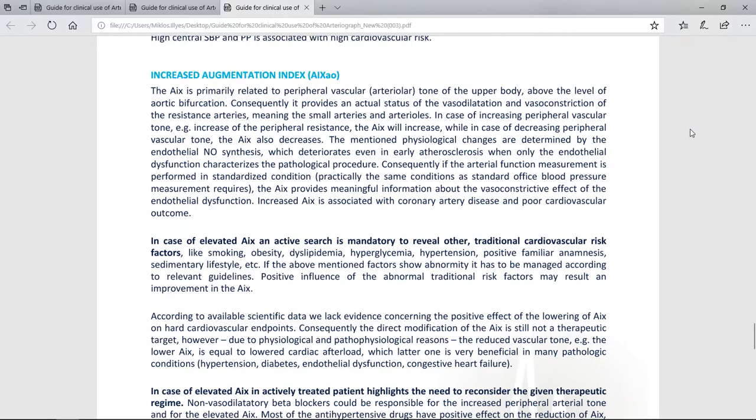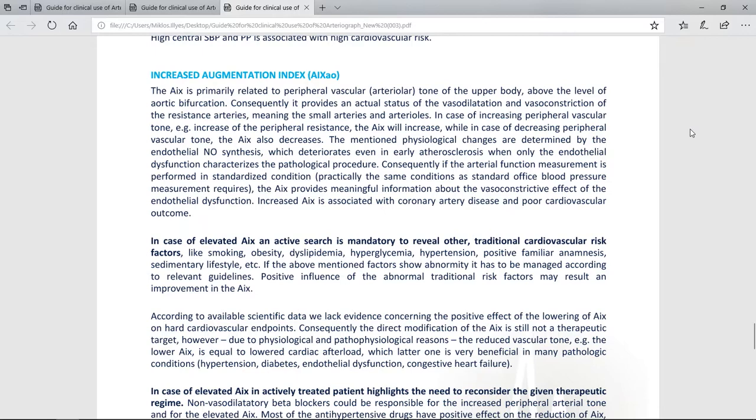If these factors show abnormality, we have to manage them according to the relevant guidelines. Positive management of the abnormal traditional risk factors, such as quitting smoking, changing lifestyle or decreasing the blood pressure, can result in improvement in the augmentation index, which by all means is positive.